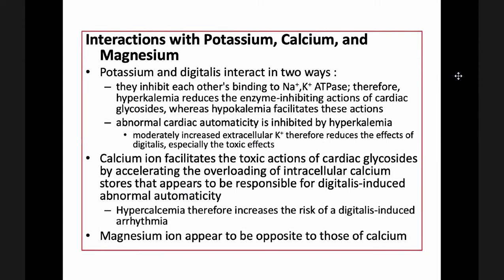Calcium ion facilitates the toxic actions of cardiac glycosides by accelerating the overloading of your intracellular calcium stores that appears to be responsible for digitalis-induced automaticity. So hypercalcemia, therefore, increases the risk of digitalis-induced arrhythmia. Magnesium appears to have an opposite effect to that of your calcium.